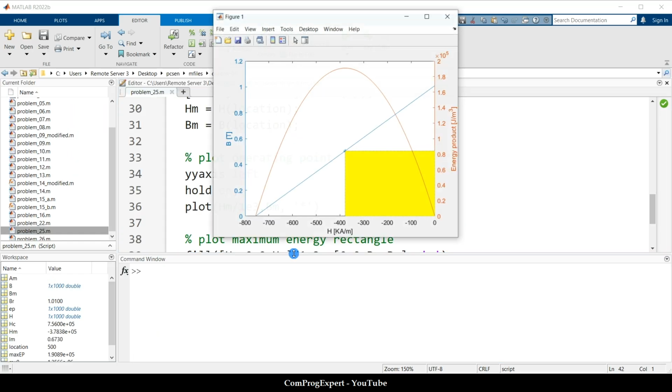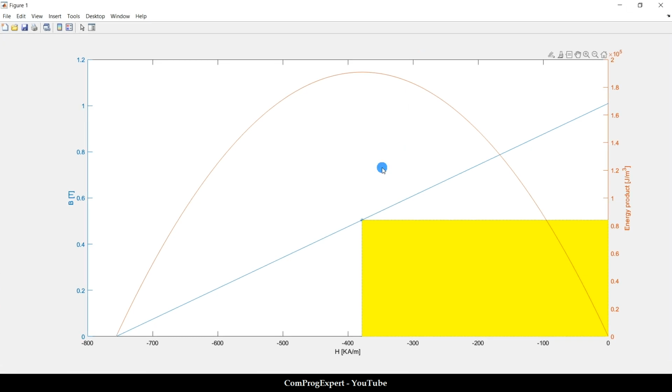So if I run the code, here you can see the BH curve maximum energy product area. This is the energy product curve. Okay, and the operating point that we have. As you can see, HM is negative 378. The value of the BM is 0.5 Tesla.